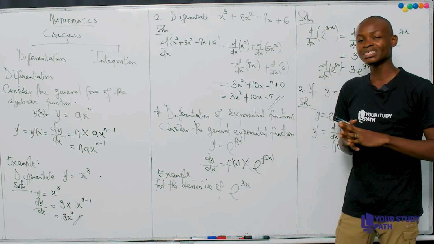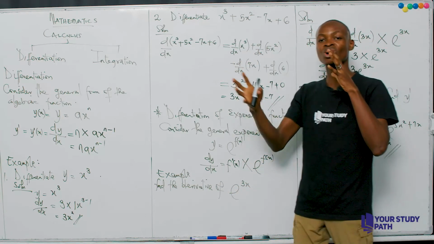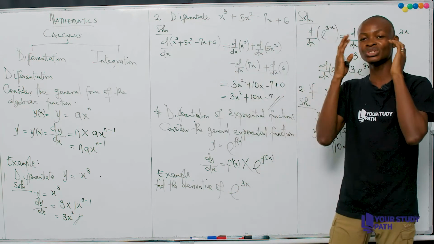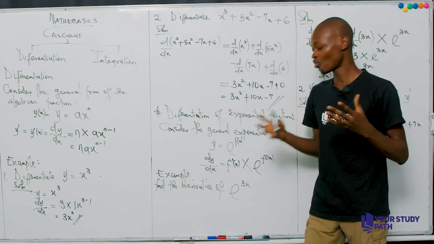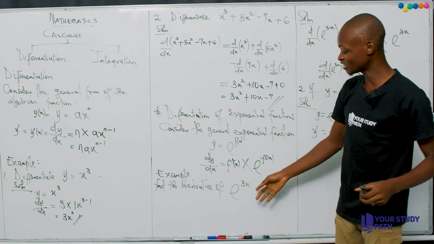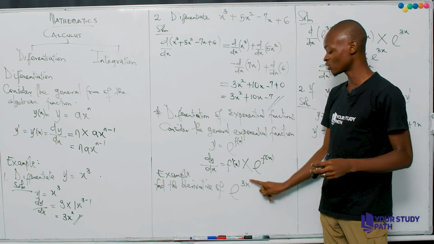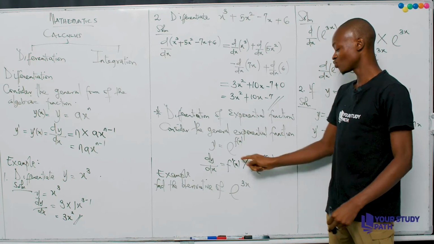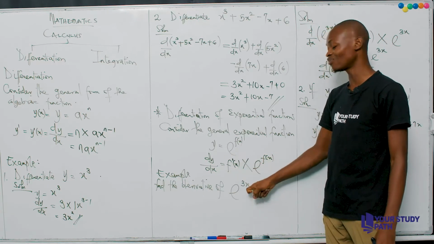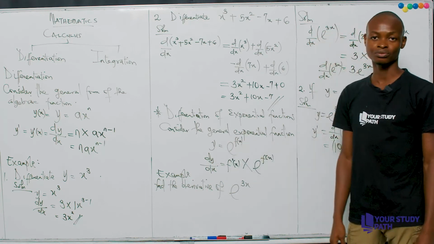What it now means is that in order to differentiate, you must have a knowledge of the different ways in which you can differentiate each kind of function. For instance, we would obviously have a problem differentiating this function if we did not know how to differentiate algebraic functions. Because without being able to find the differential of the power, we would not be able to find the differential of the exponential function.